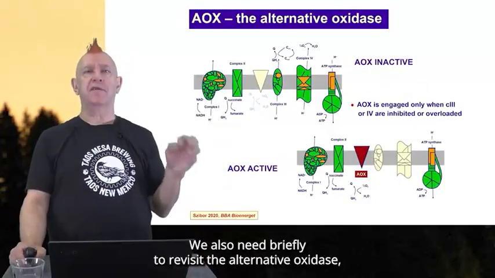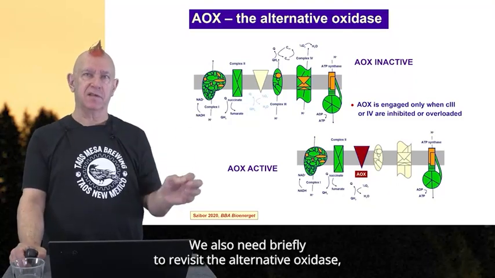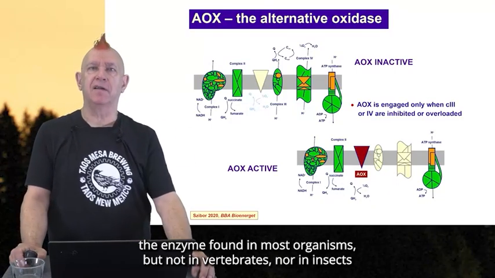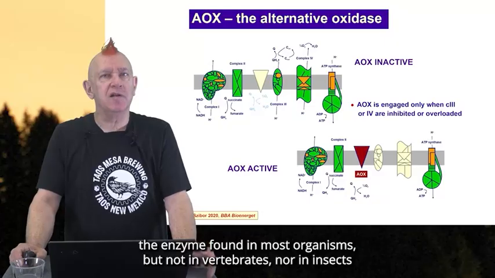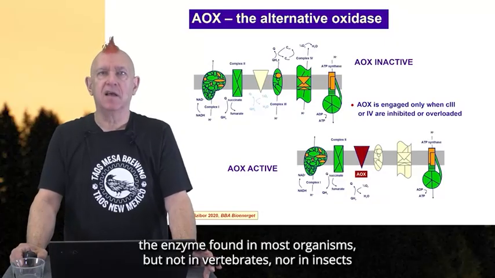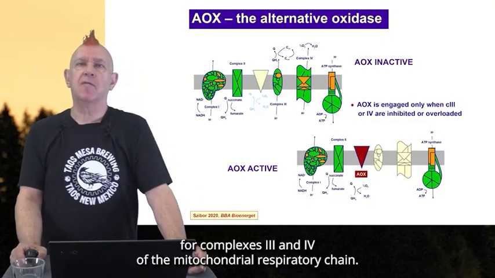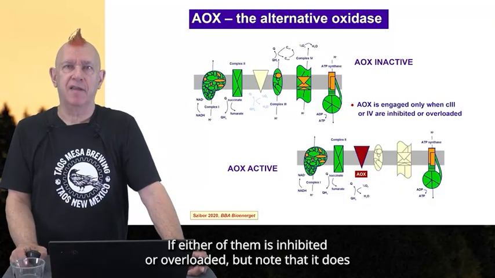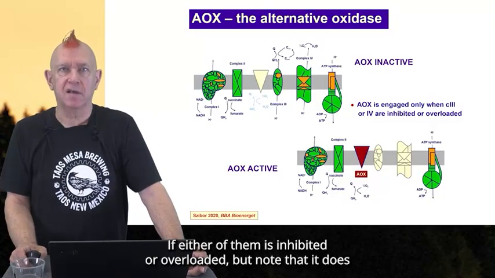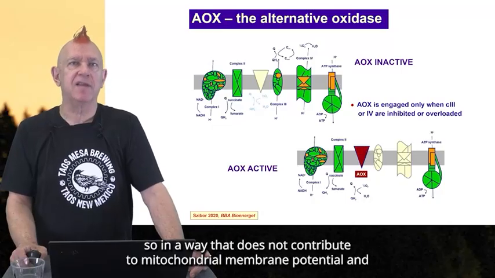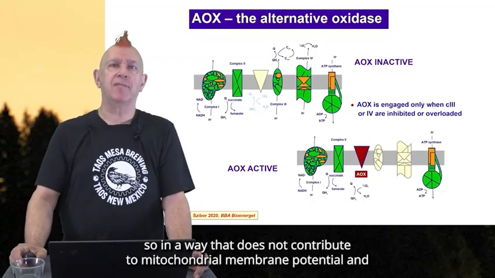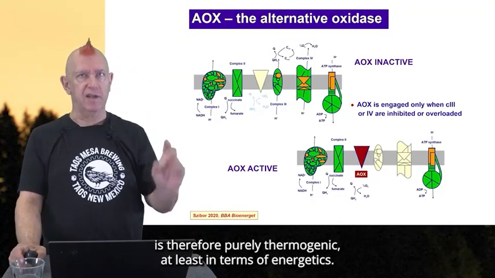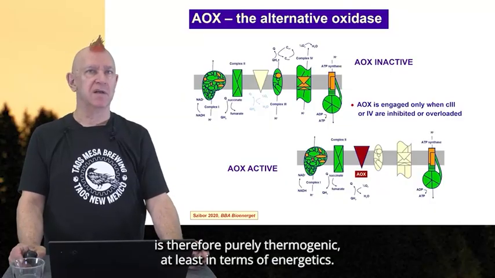We also need briefly to revisit the alternative oxidase, the enzyme found in most organisms, but not in vertebrates nor in insects, that can substitute for complexes 3 and 4 of the mitochondrial respiratory chain if either of them is inhibited or overloaded, but note that it does so in a way that does not contribute to mitochondrial membrane potential and is therefore purely thermogenic, at least in terms of energetics.